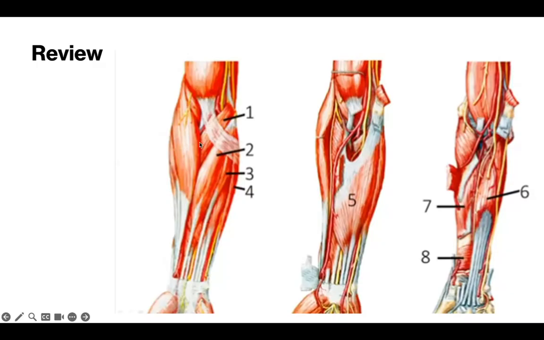Again, the pronator teres is that more obvious one, very short, doesn't come down over the wrist. We have the more medial one on the pinky side, that's going to be your flexor carpi ulnaris. The number 2 would be the flexor carpi radialis, and the one in the center, number 3, going to the palmar region would be the palmaris longus.